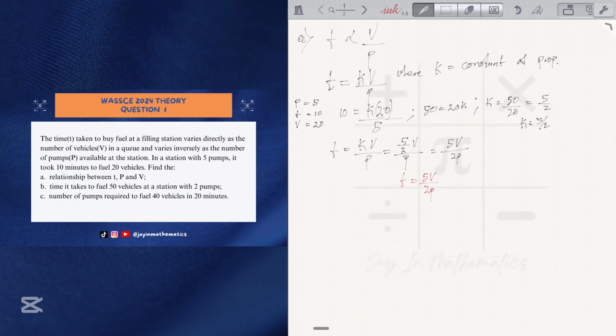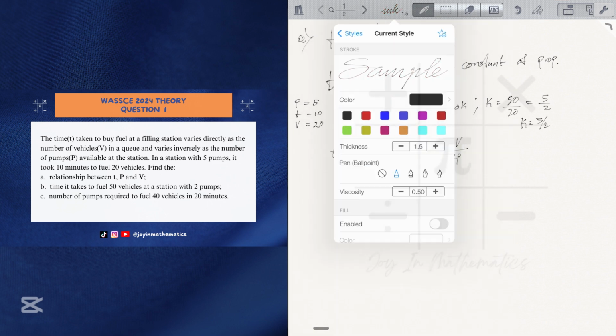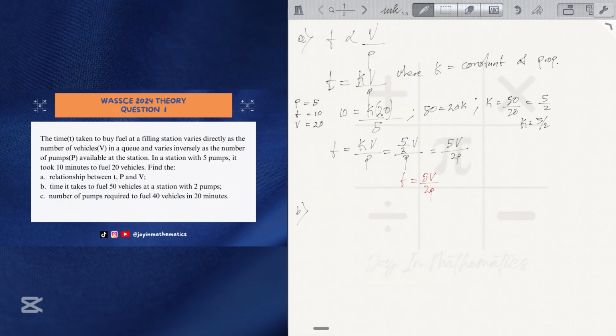Now the question B says, what is the time it takes to fuel 50 vehicles? So that means V is equal to 50, with 2 pumps, so P is equal to 2. So we are going to use the relationship of time T equal to 5V over 2P.